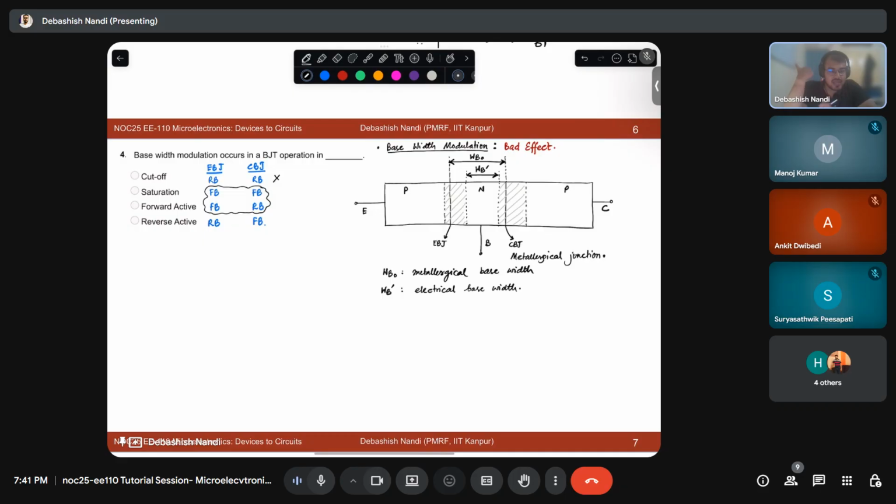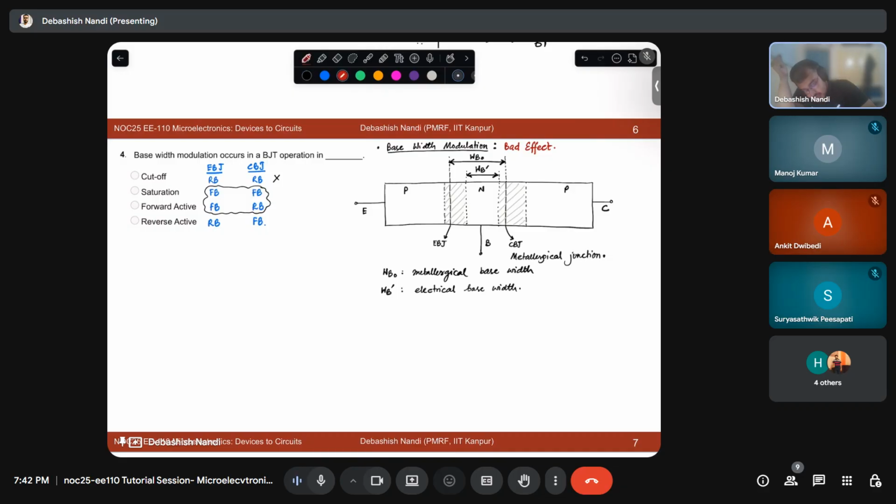Now, when forward bias is there in a PN junction, how does the depletion width change? In case of forward bias, does depletion width increase or reduce? Reduces.